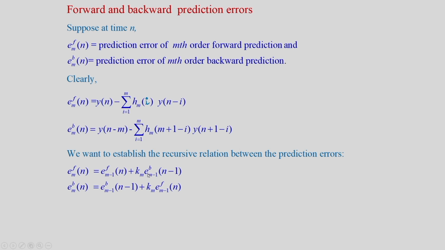So this is a delayed version of the backward prediction error. Similarly, the backward prediction error is the delayed version of the backward prediction error of order m-1 plus km times the forward prediction error of order m-1 at instant n.